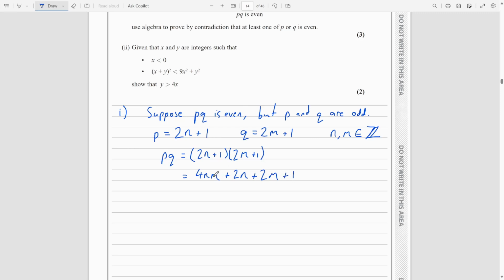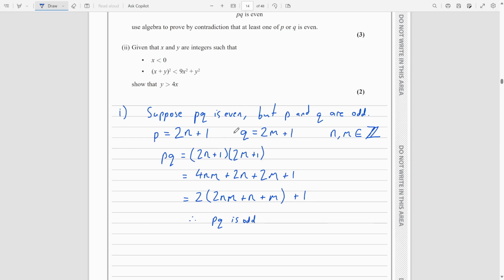And the problem here is that it is odd. How can I prove it's odd? By saying it's 2 times something. In fact, it's 2 times (2nm plus n plus m) plus 1. And that means that pq is odd.